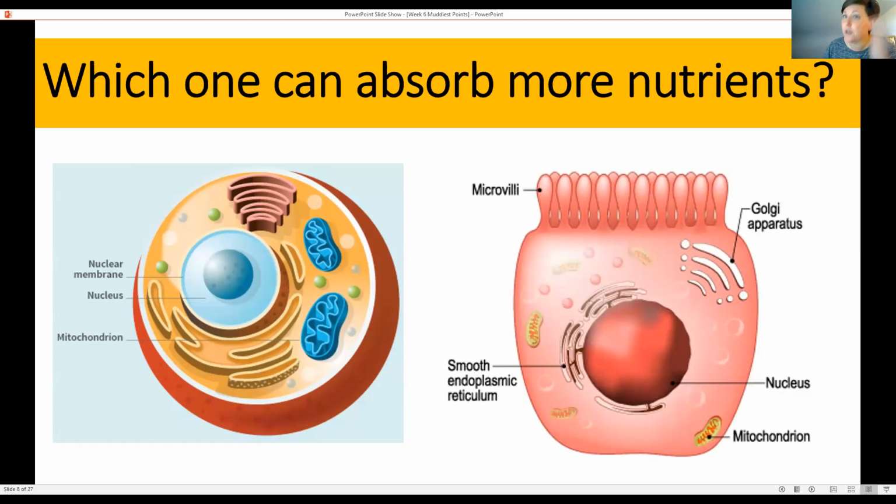When it comes to cells, you should equate surface area to membrane, because that is technically the surface of a cell. So if we have microvilli and increase the surface area of the cell, we have more cell membrane through which we can absorb nutrients or excrete waste or other secretions.